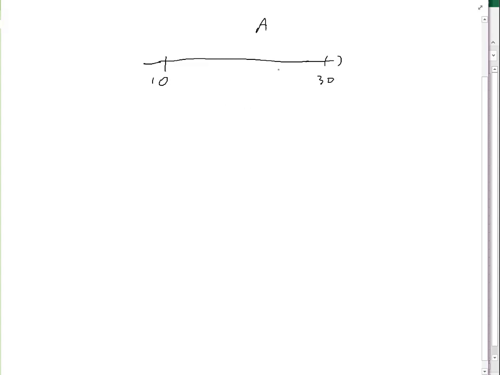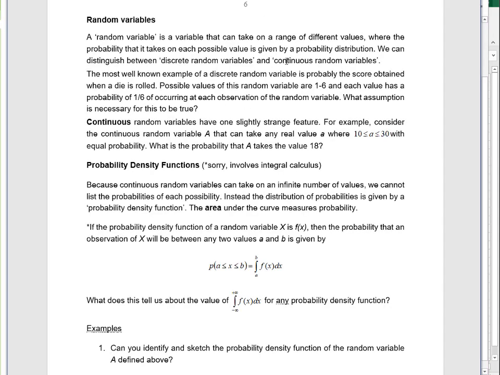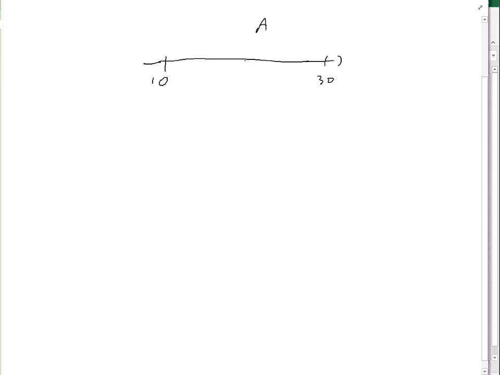So what's the chance that it takes the value of 18 exactly? So maybe here's something just below 20, so 18. What's the chance it takes that value exactly?